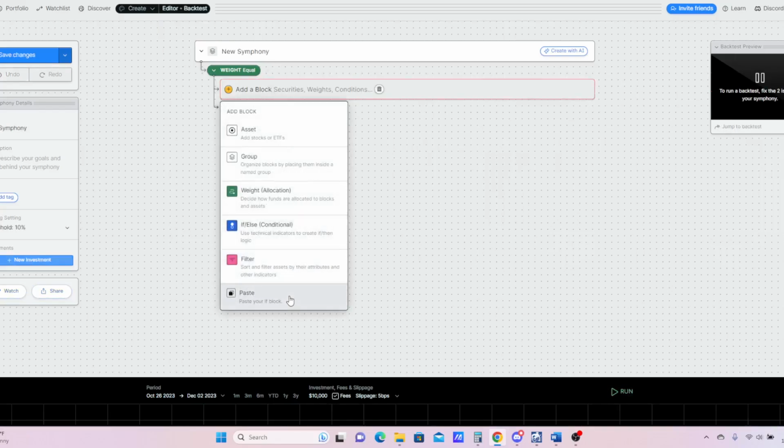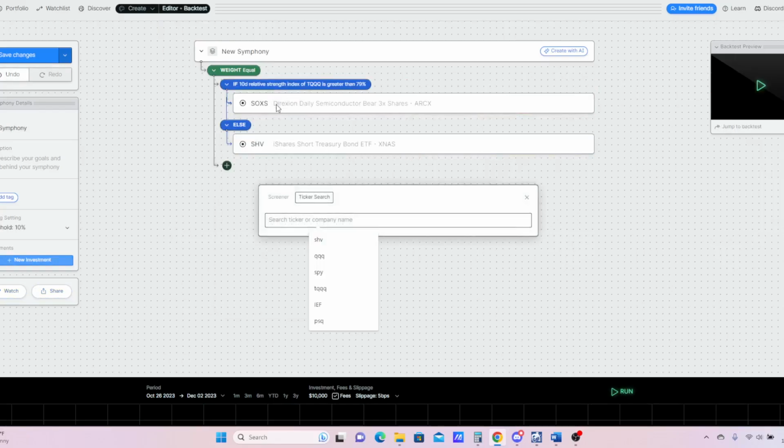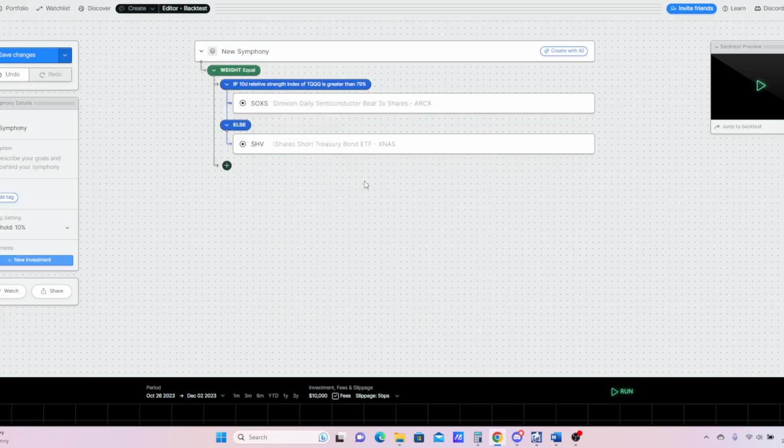SQQQ. Okay, right, because technically, if you're going to signal off TQQQ, it'll be interesting to see SQQQ's performance.